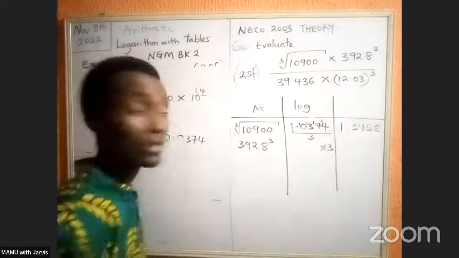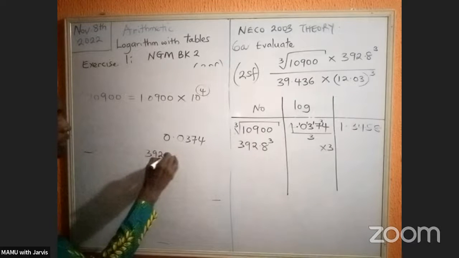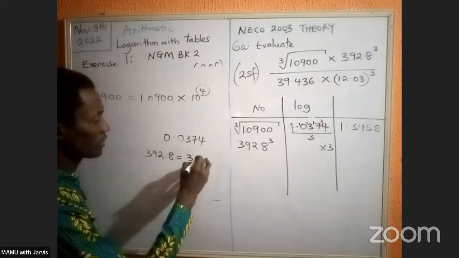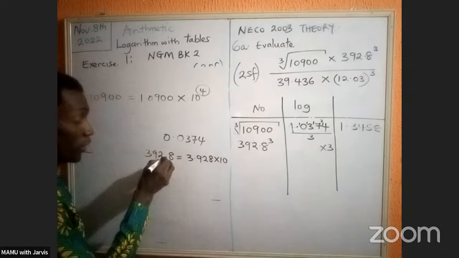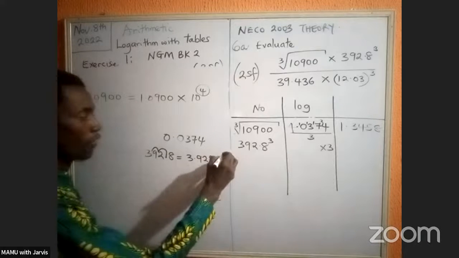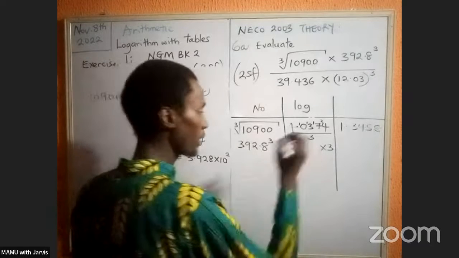So I come here: 392.8 will give me 3.928 times 10 raised to the power of what? From this point of decimal, 1, 2, to make it a unit decimal, it will be to the power of 2. So I will have 2 point.